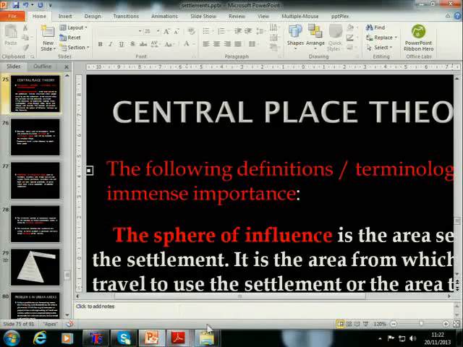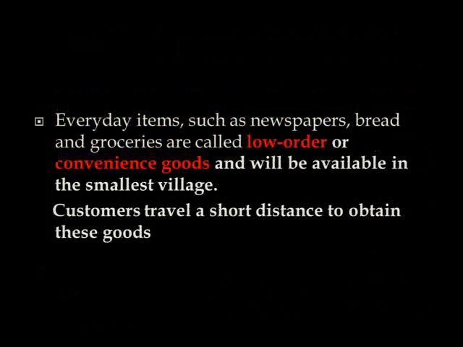Now let's look at another concept. There it is. Now, we have just mentioned two things. We have mentioned low order. Everyday items that we buy, such as newspapers, bread, groceries, are all called low order or convenience goods and will be available in the smallest village.